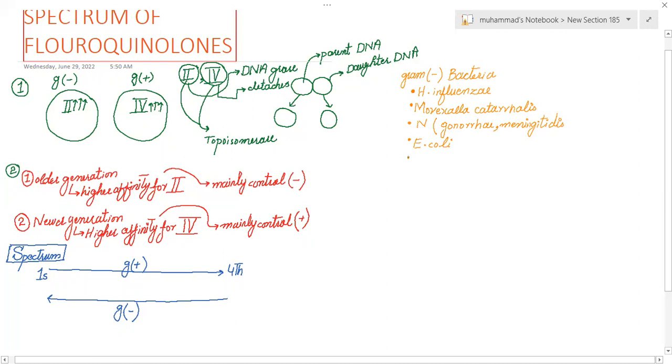The fifth one is Klebsiella pneumoniae. And the last is the Enterobacteriaceae family.